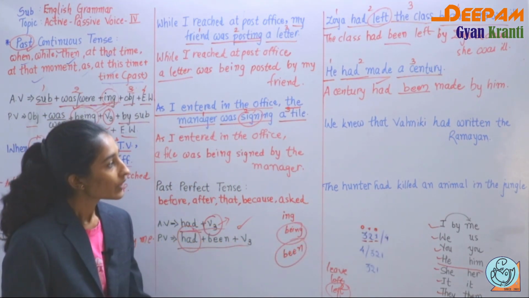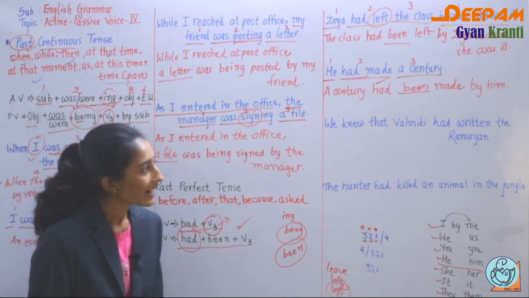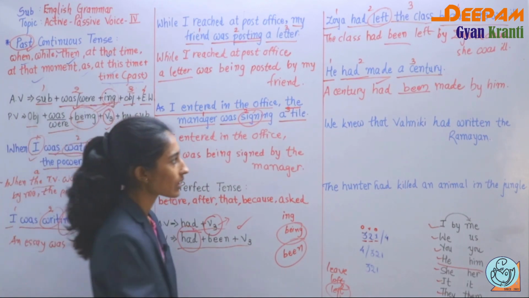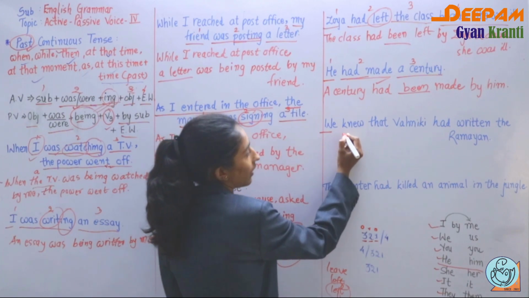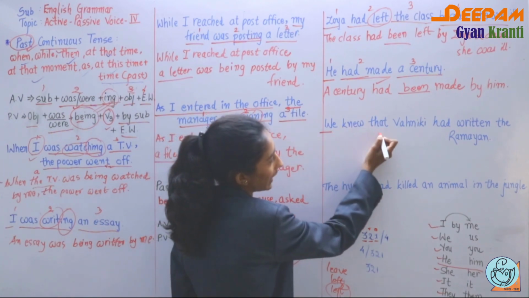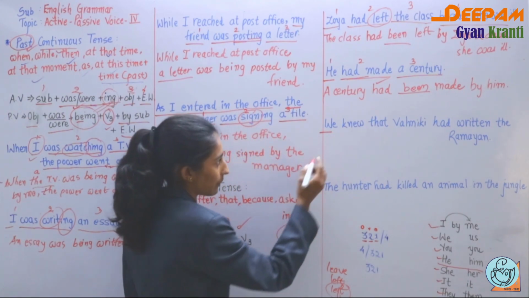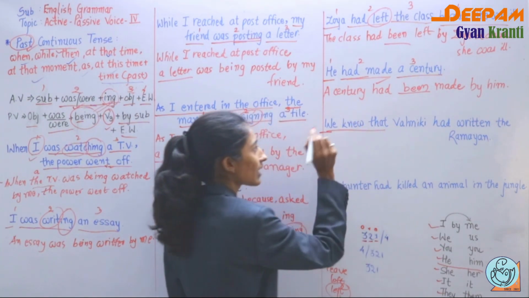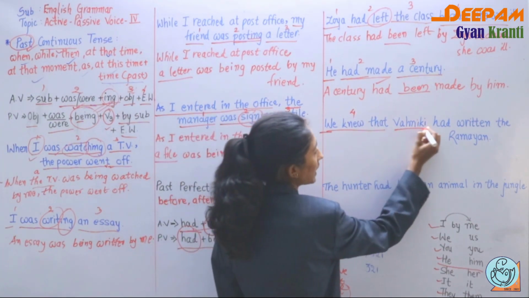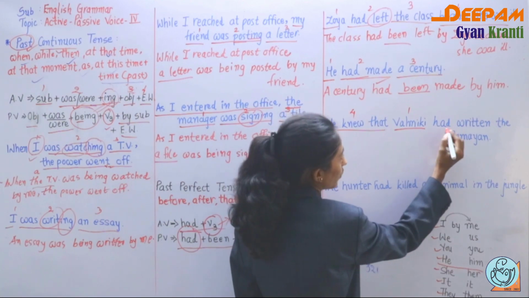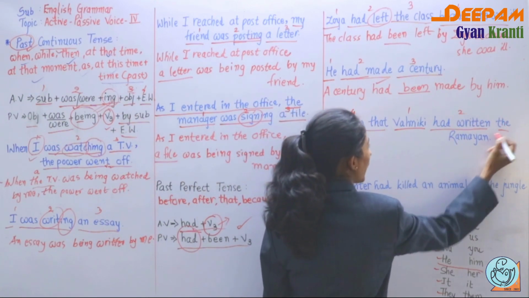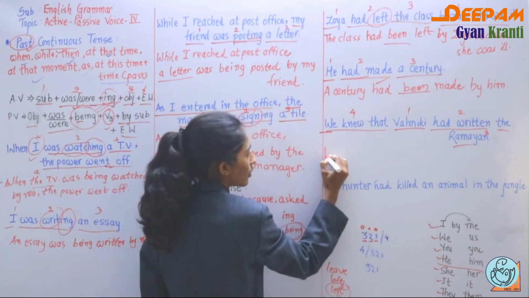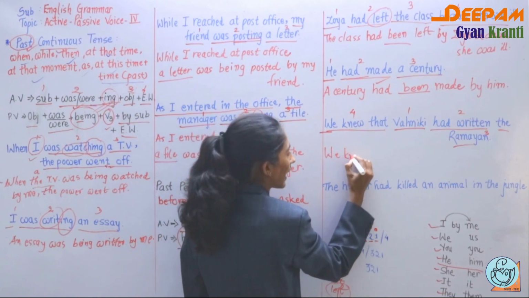Right, next one. We knew that Valmiki had written the Ramayana. So subject, so we. Okay, we knew that, Valmiki had written the Ramayana. So we knew that, that is the extra word. So 4th number, Valmiki, subject. So we can write 1, had written, 2, and the Ramayana, 3rd number. So we can write this way, we knew that.